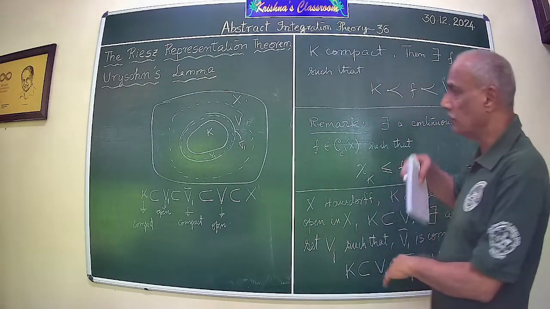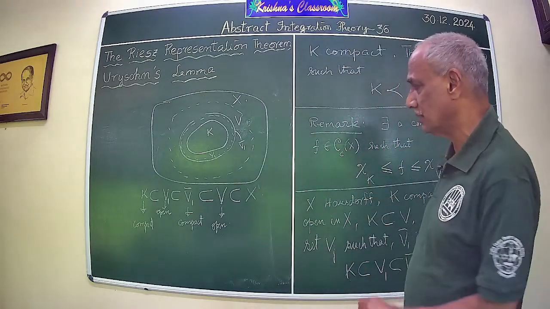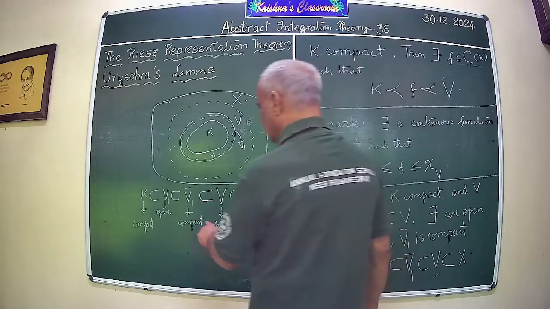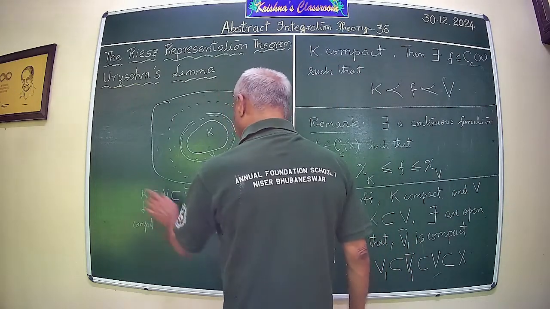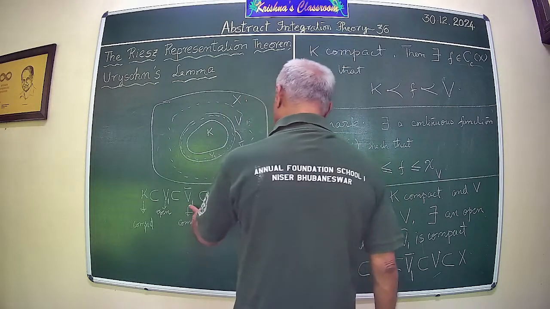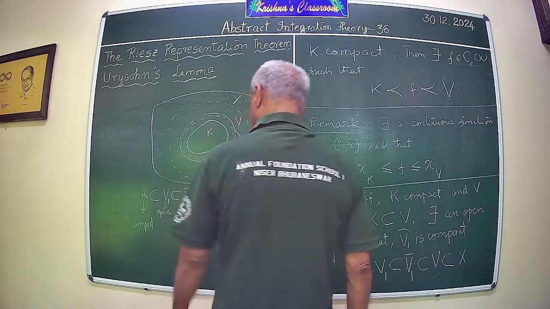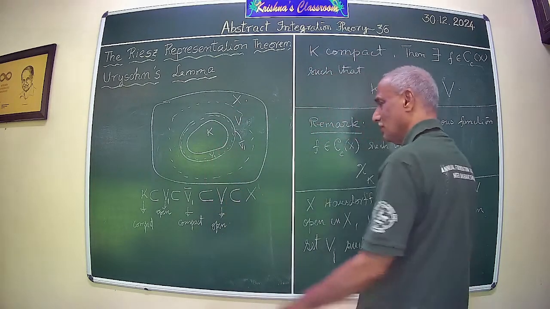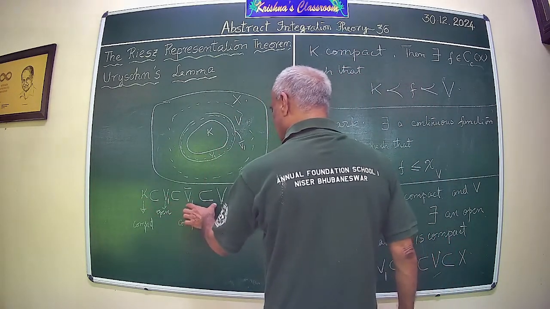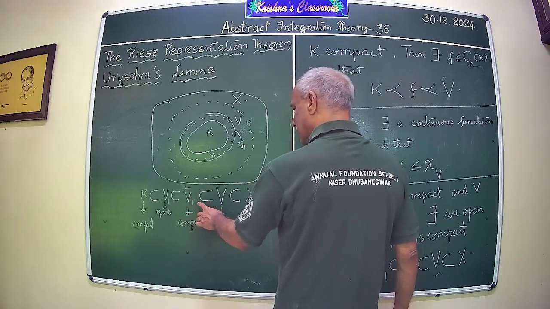Now we will be using this result repeatedly, because this is compact now. Forget about K now. This is compact, and you see that this compact set is contained in V. Once again, you can interpose something. You can have a V2 taking up the same property, namely V1 closure is contained in V2.